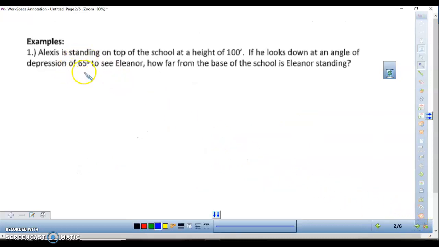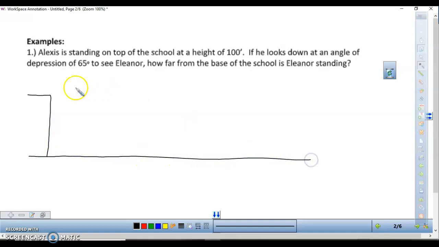So first, Alexis is standing on top of the school at a height of 100 feet. So we'll just draw a little rough sketch. Here we have the school. Here's the ground. Here's Alexis. He's 100 feet up in the air.